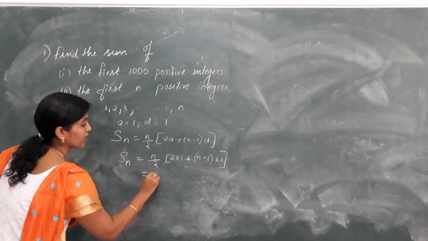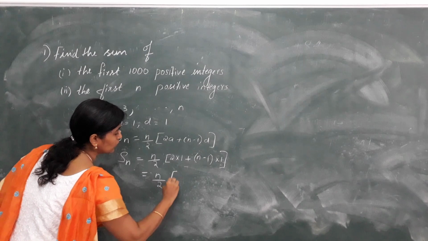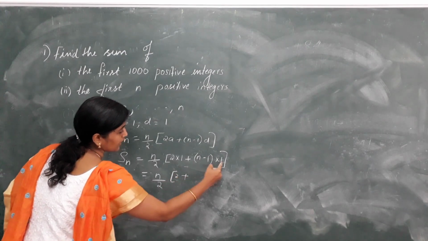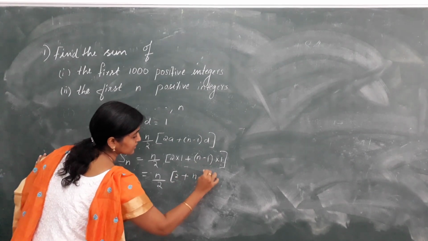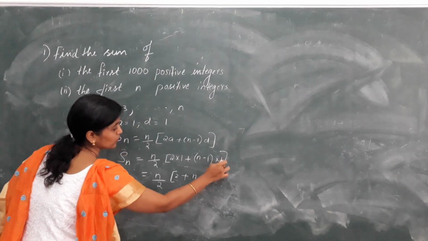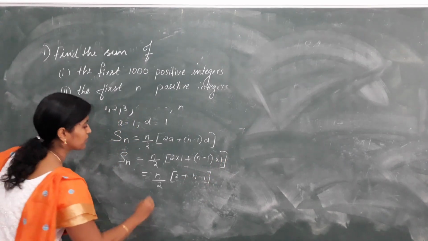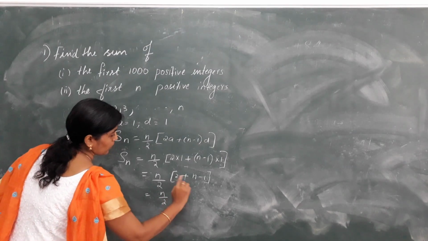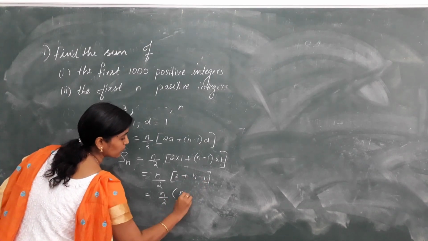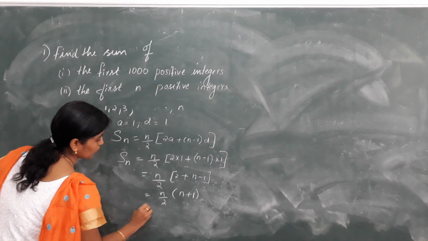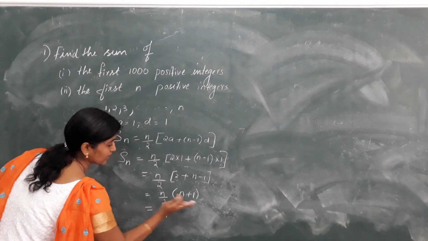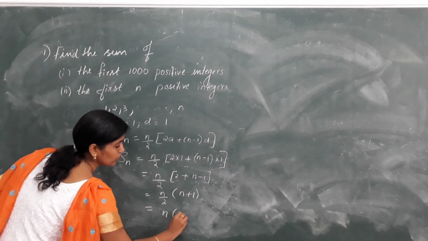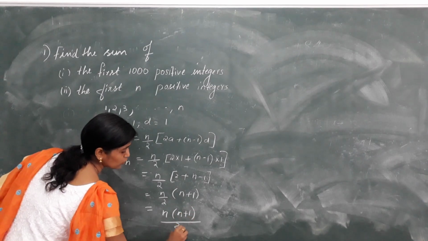Which means we will get n by 2 into 2 plus n minus 1, since n minus 1 into 1 is n minus 1. Which means you will get n by 2 into n, 2 minus 1 plus 1. So we have n, you can rearrange and write as n into n plus 1 by 2.